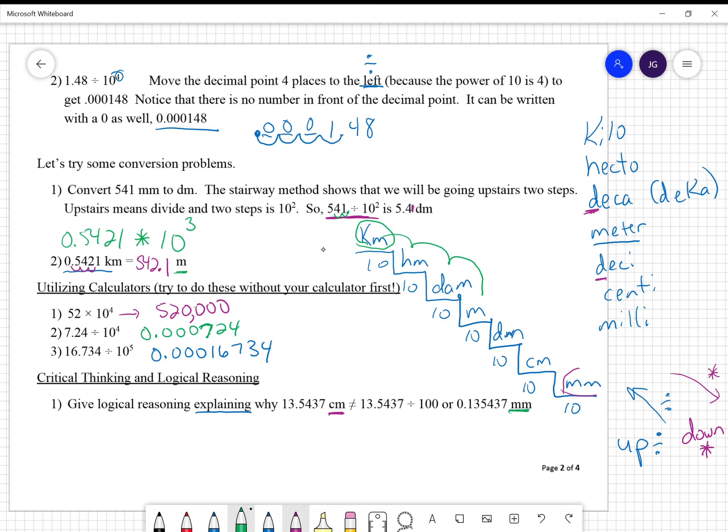So if I look at my step, centimeters is this step, and I'm going to millimeters. So it's one step, but which direction? The direction is down. I should be multiplying, not dividing.